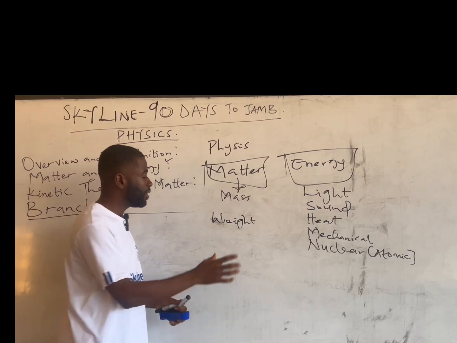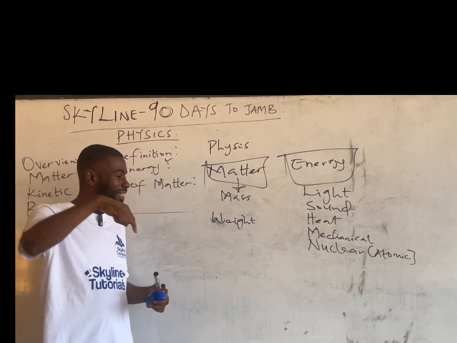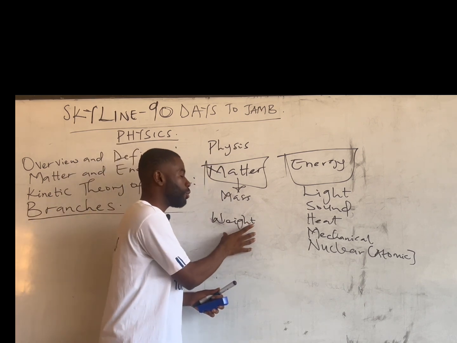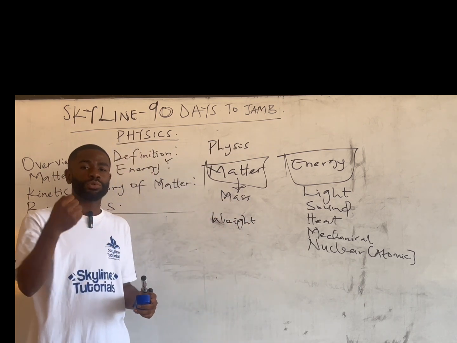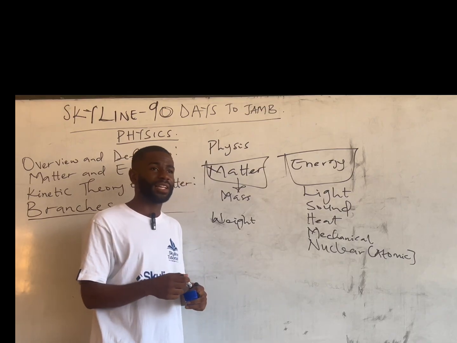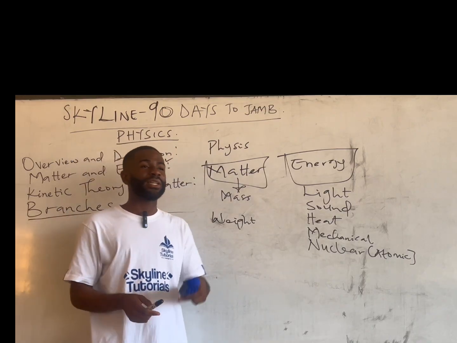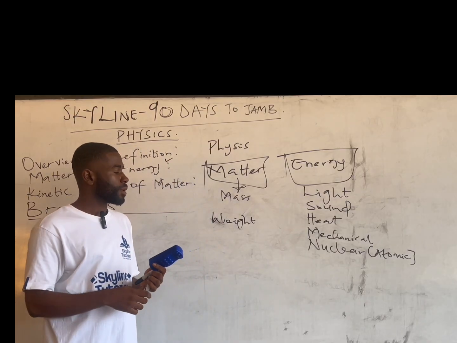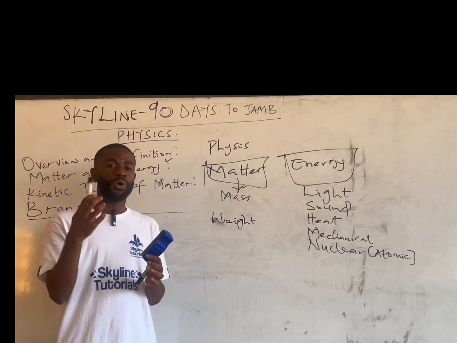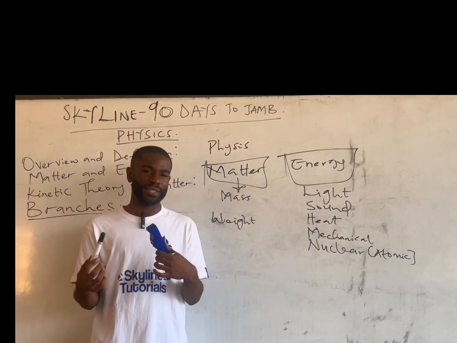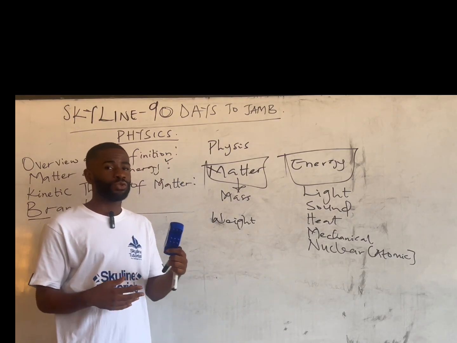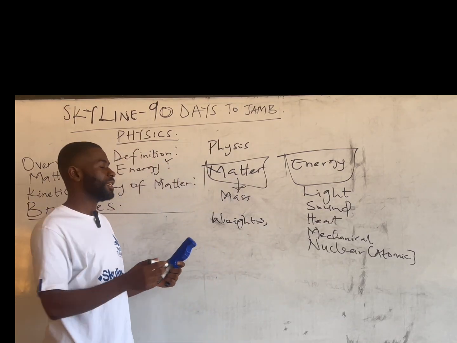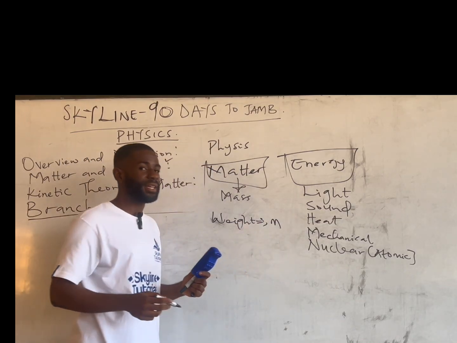On the other hand, weight is a force that acts on objects, pulling them downwards. It's a force of pull that pulls objects downwards. Take note of that. For example, if I throw this marker and my duster, you realize that one would most likely fall first. There are different factors that will determine which will fall first. The first factor is the mass of either of them.